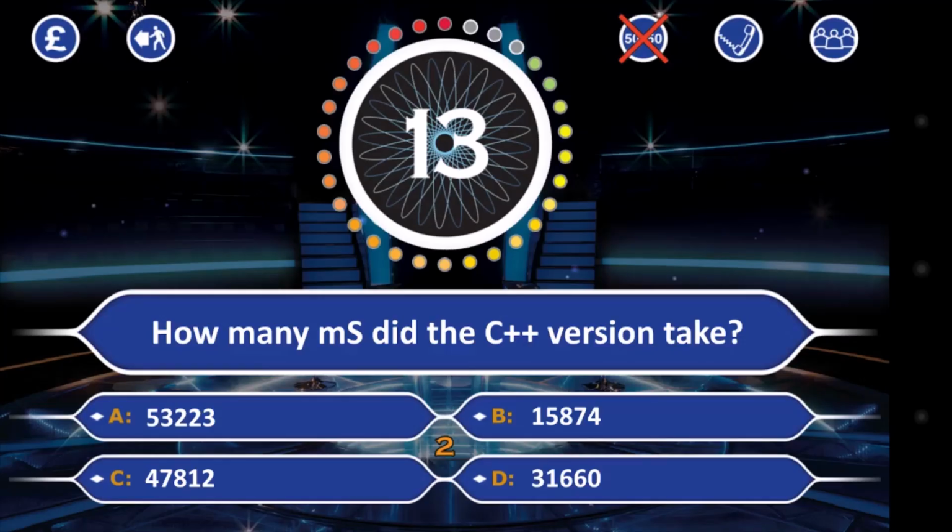Pick a number. What do you think is the answer to the speed of the C++ version? Bearing in mind, you know, it's always slower, it's worse, it's bloated. If you're having difficulty, I'm going to give you a 50-50. So is it almost identical, or is it, wow, significantly faster?